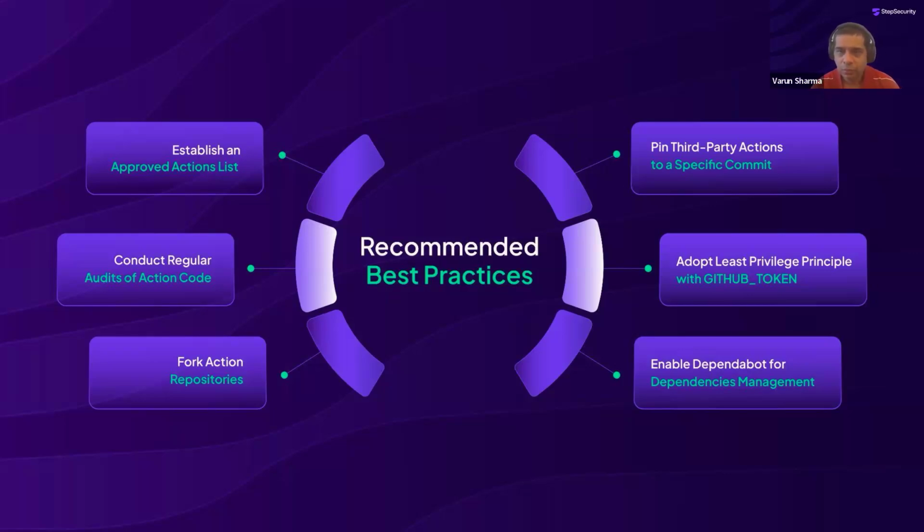Then, of course, when you actually use these third-party actions, the best practice is to pin the action to a specific commit or basically to an immutable tag so that even if the action changes, you are not immediately impacted and you get a chance to review the change before you start using that particular change in the action.